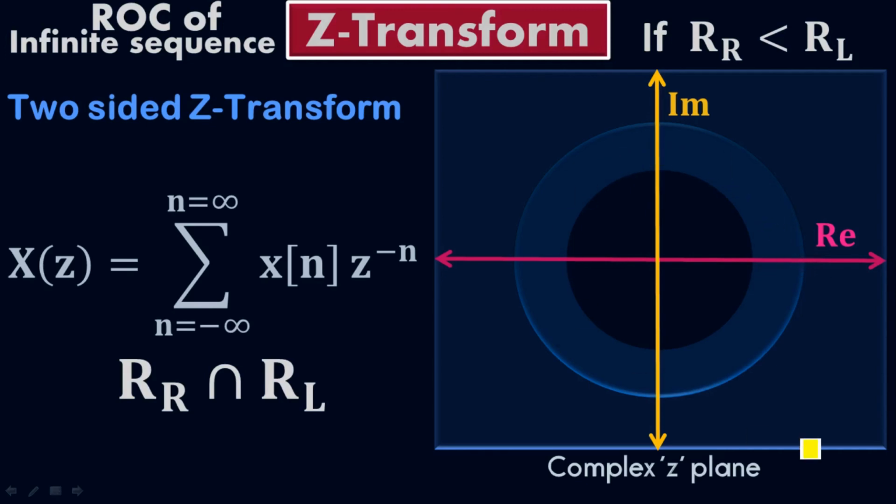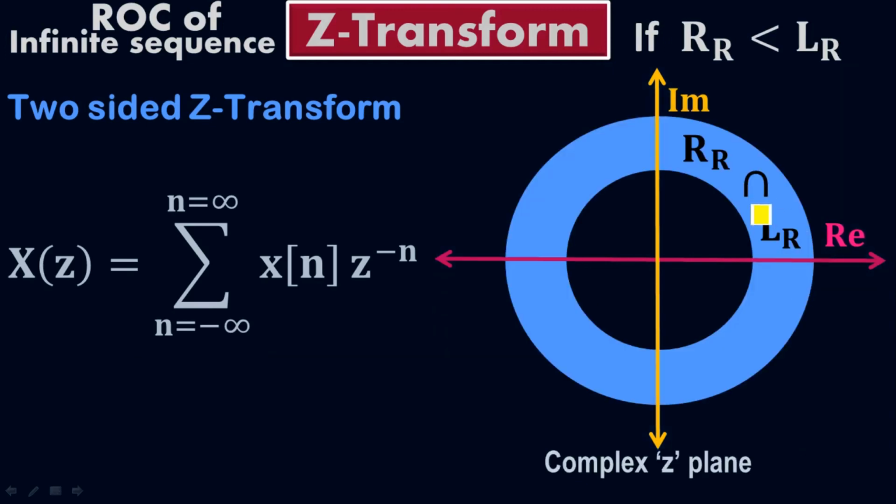I repeat, the region of convergence for the two-sided Z-transform is always an annular or ring shape. This ring shape is only possible if the radius of the left-sided is greater than the radius of the right-sided. It won't happen if the radius of the left-sided is less than the radius of the right-sided. You must check this condition, otherwise it is not possible to have such a ring shape.